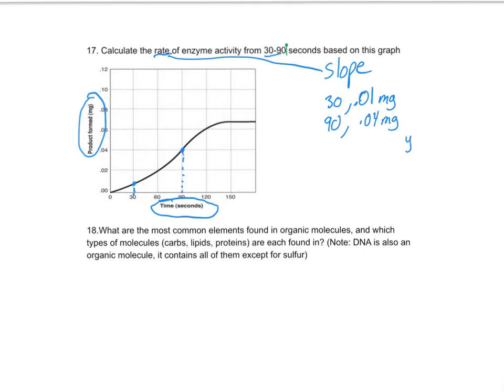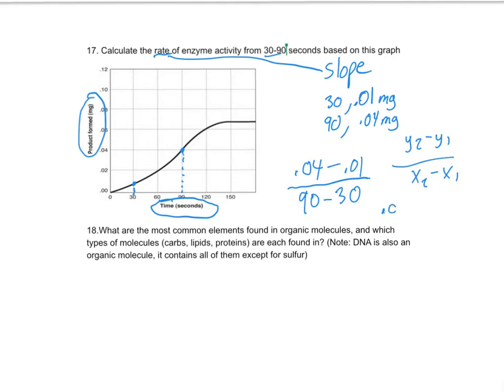And so my formula for slope again is y2 minus y1 over x2 minus x1. So I'm going to say 0.04 minus 0.01 over 90 minus 30.